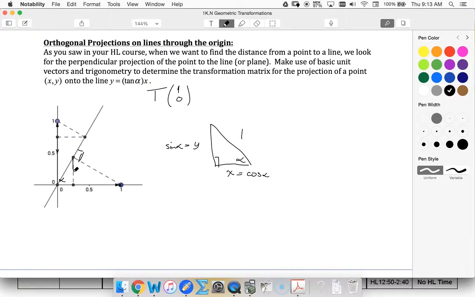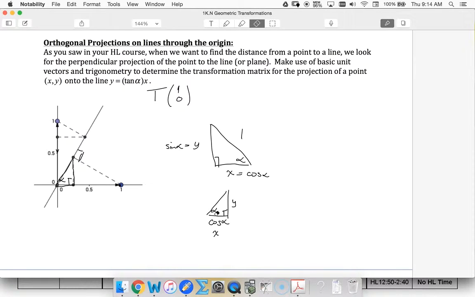Now if I look at this right triangle here, so looking at that one, now we have angle alpha, and this is cos alpha down here on my short side. So if I call this side y and this side x, oh, sorry, cos alpha is not there. Cos alpha is my hypotenuse of this triangle.